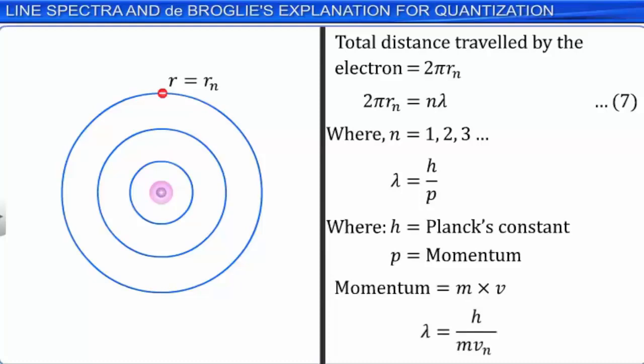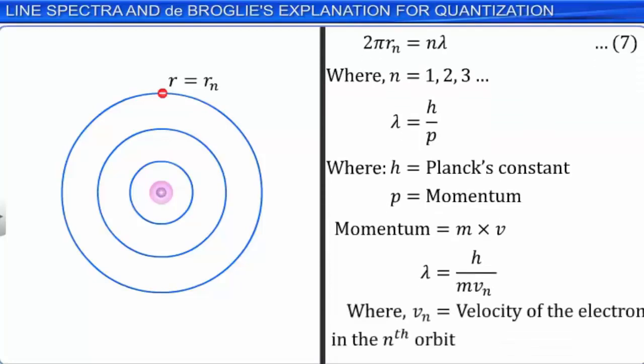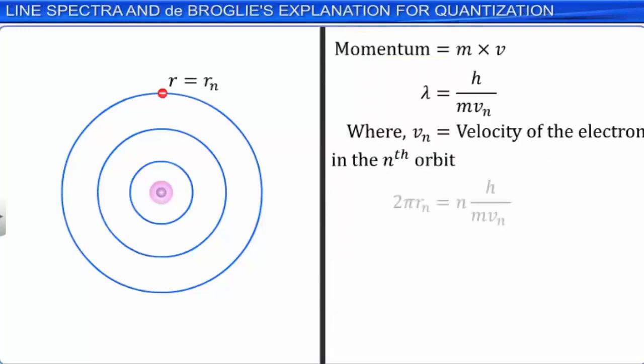Here, vn is the velocity of the electron in the nth orbit. Substituting the value of λ in equation 7, we have 2πRn is equal to nh by mvn. Rearranging the equation, we get mvnRn is equal to nh by 2π. Let this be equation 8.